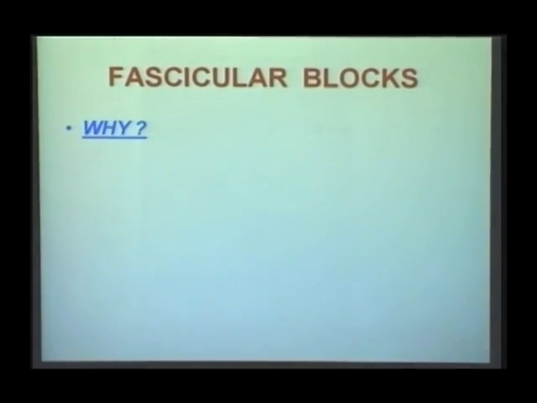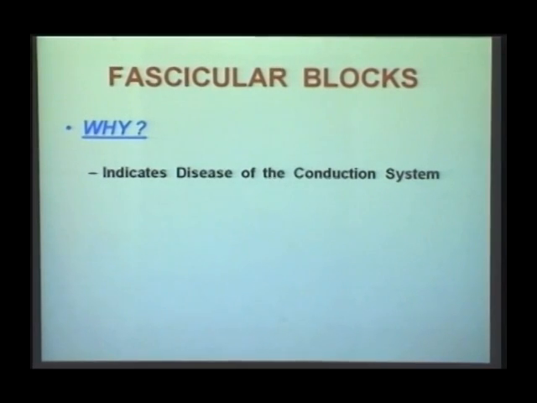So once again, like any other chapter, we must know why we must learn about fascicular blocks. What is the purpose of knowing this abnormality? Primarily, it indicates disease of the conduction system. As I told you, although we have 2 bundles, right bundle and left bundle, just like our coronary arteries, our conduction system behaves as a trifascicular system.